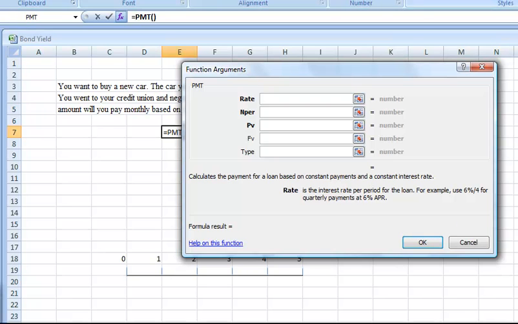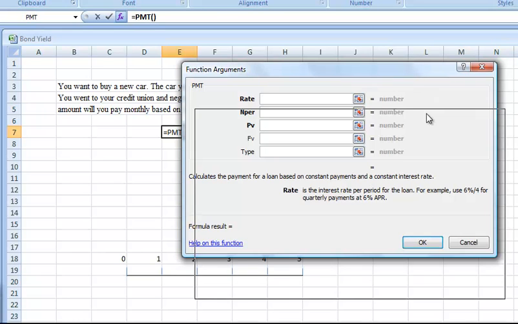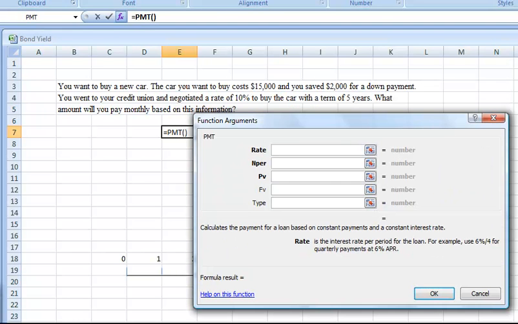And we're going to put in, let me slide this down, the rate, which in this case we negotiated a rate of 10%, so let's put that in. And the term is 5 years. Okay, so we have to divide the 10% to get the monthly payments.